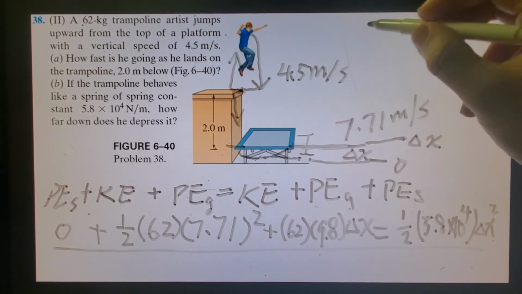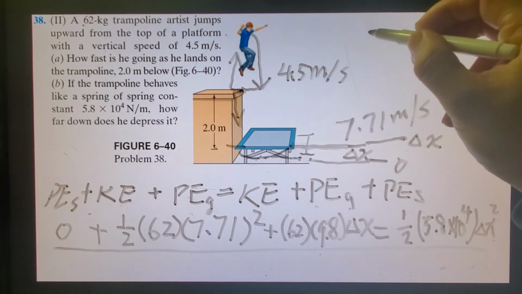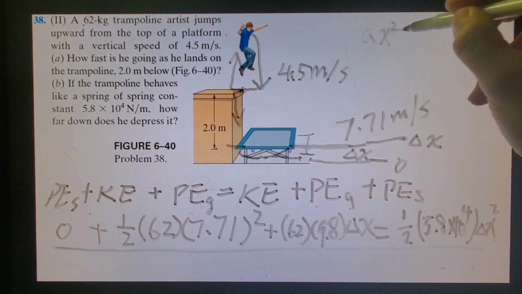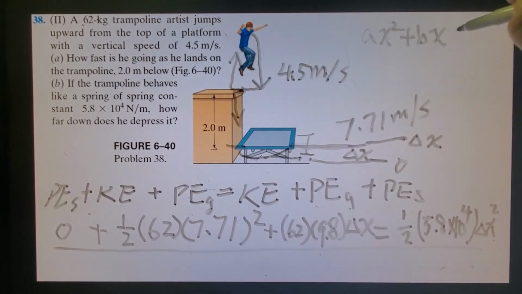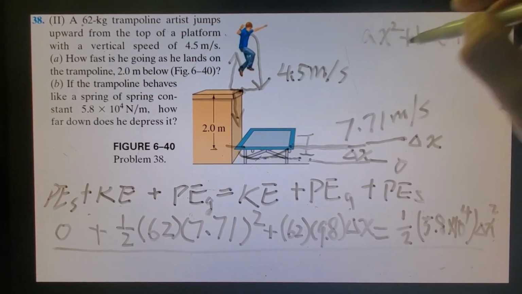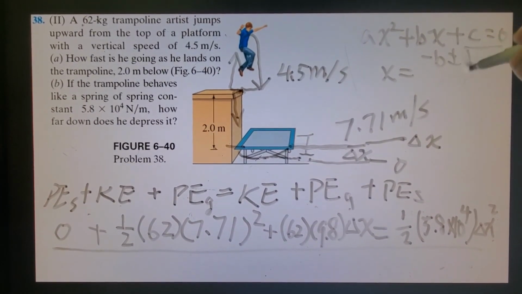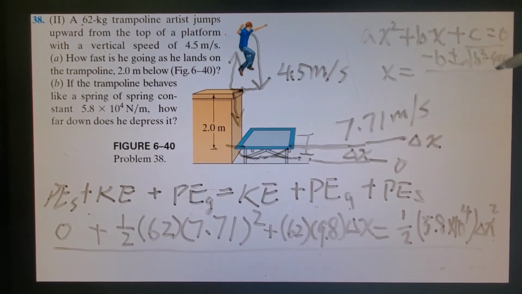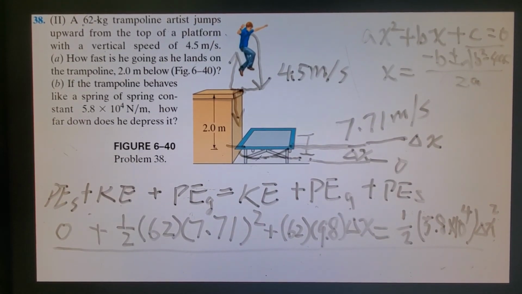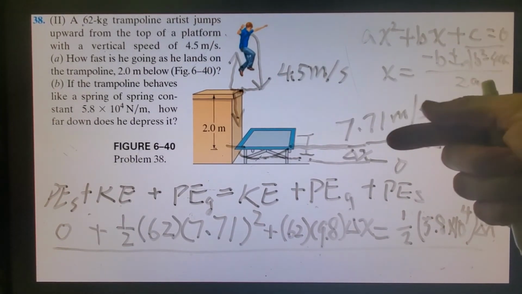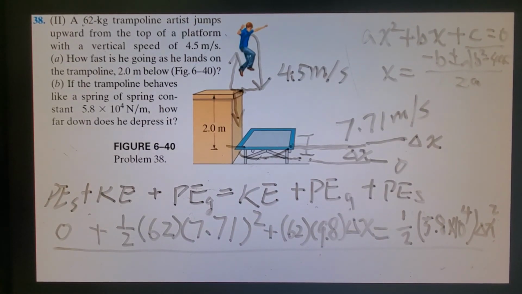When you have a quadratic equation, for example ax squared plus bx plus c equal to 0, then x will be equal to negative b plus or minus the square root of b squared minus 4ac, divided by 2a. You are going to do that exercise, but the physics part is conservation of energy. Once again, the lucky number for this problem is 6.